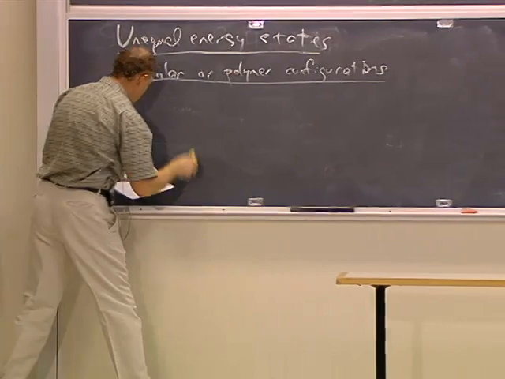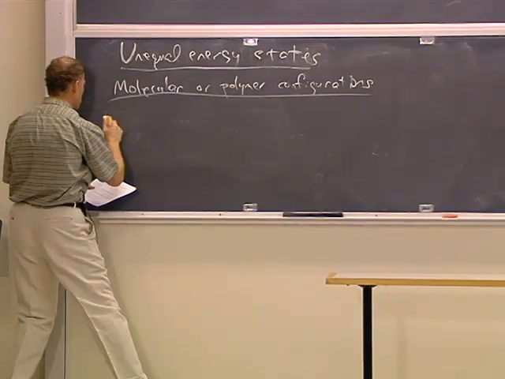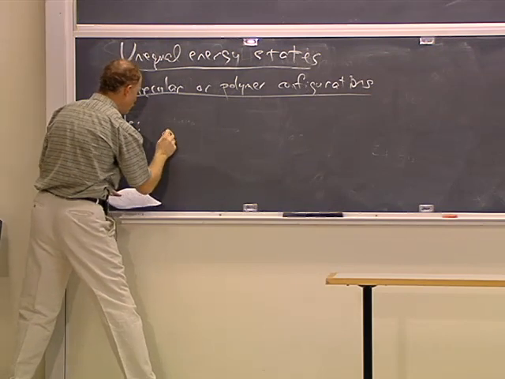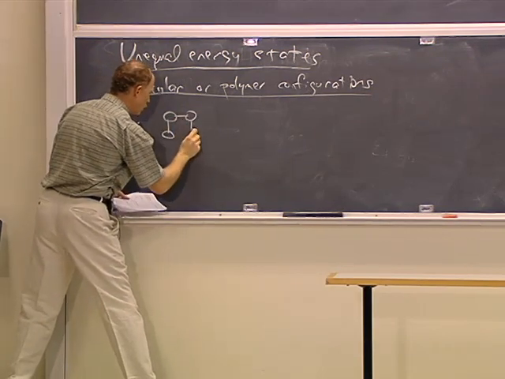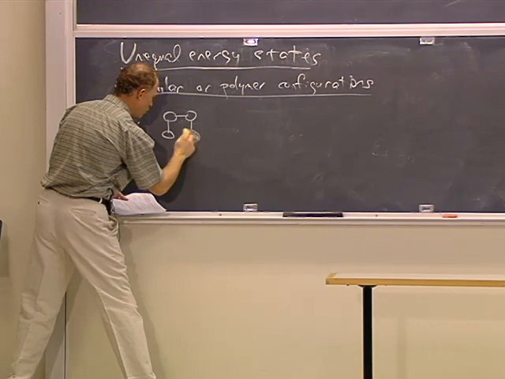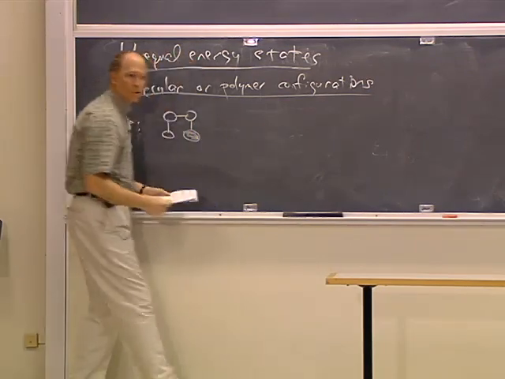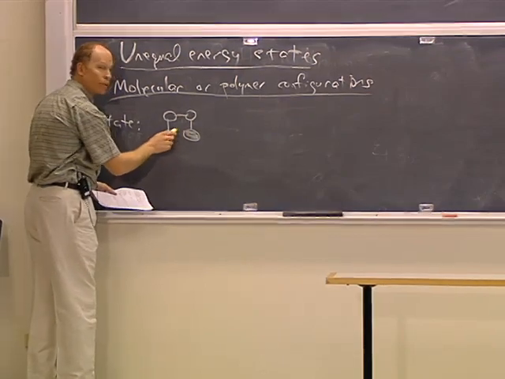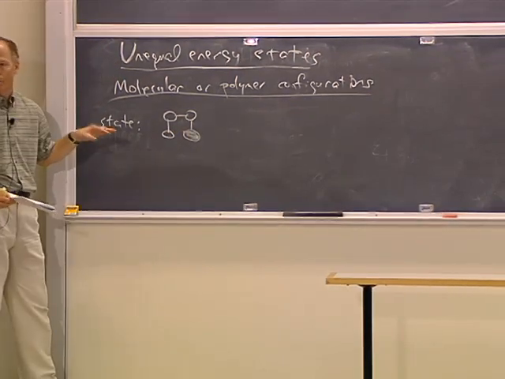So here we have our states. And just like before, the idea is that if you have two subunits that are in proximity, there's some kind of favorable interaction.